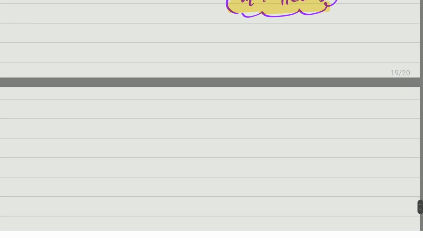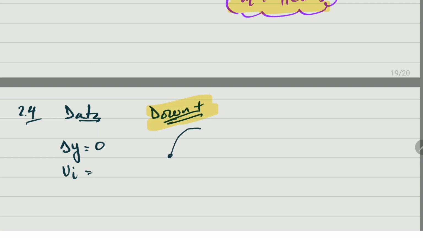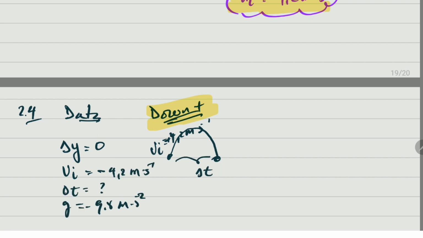Okay, so I'm going to do the following. This is question 2.4 and we are going to write the data as usual. Minus, because we're using down as positive.